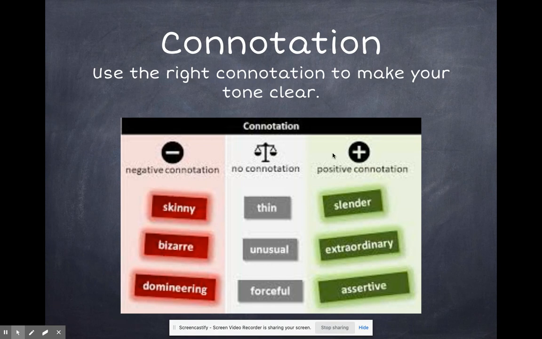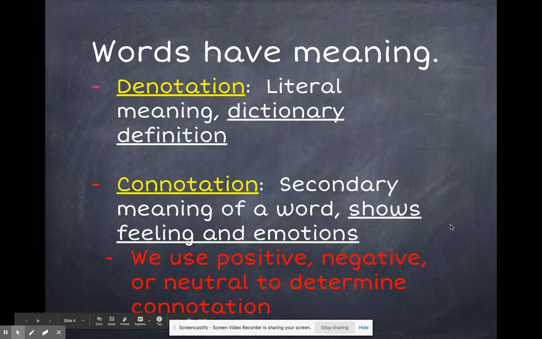Okay, in the middle, we have words that are neutral or don't have a connotation to them. Thin, unusual, forceful, and then positive. So as you can see and look across, you can see the differences. Slender, extraordinary, assertive.